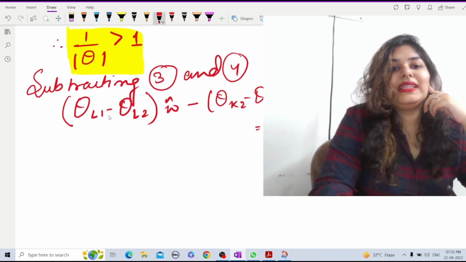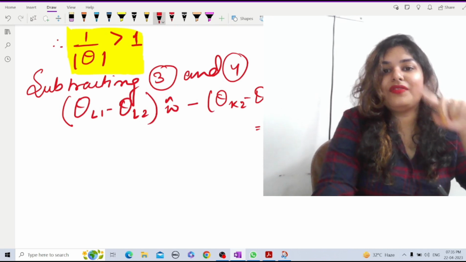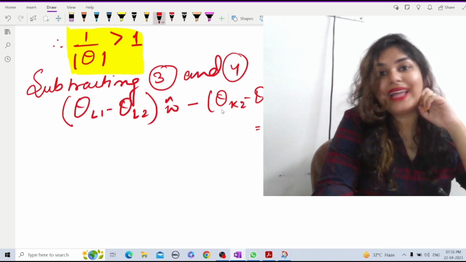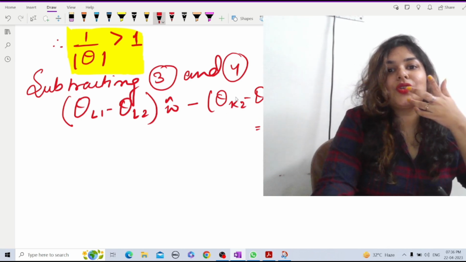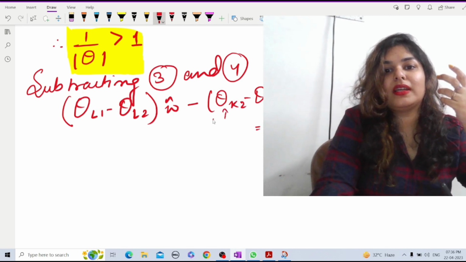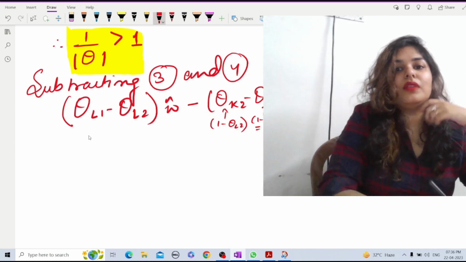Now, we know that theta L1 minus theta L2 is equal to theta K2 minus theta K1. We have got this result from the determinant that we have solved. We can also solve it again here. We can show because theta K2 is what? Theta K2 is 1 minus theta L2 and theta K1 is 1 minus theta L1. So after solving, what will we get?